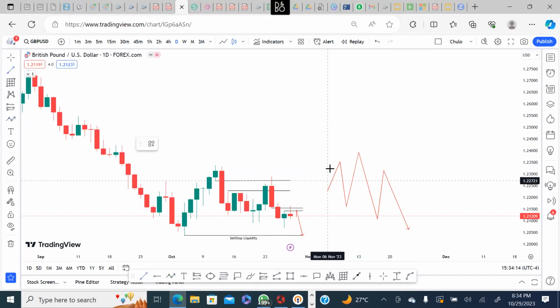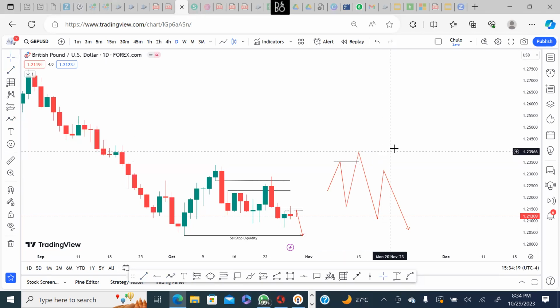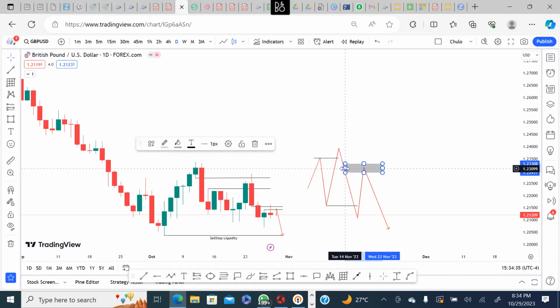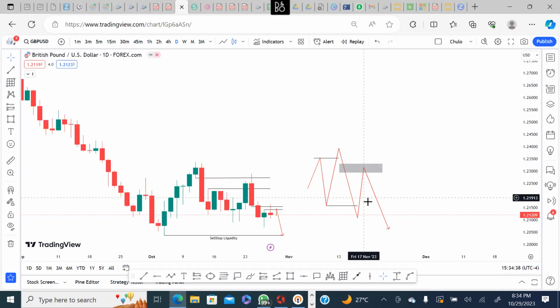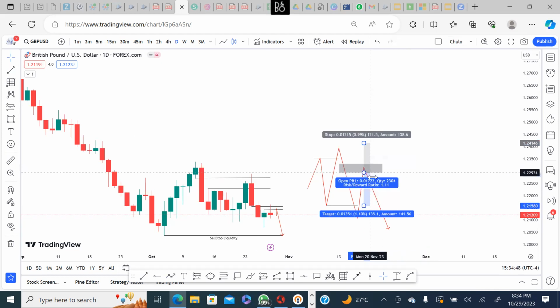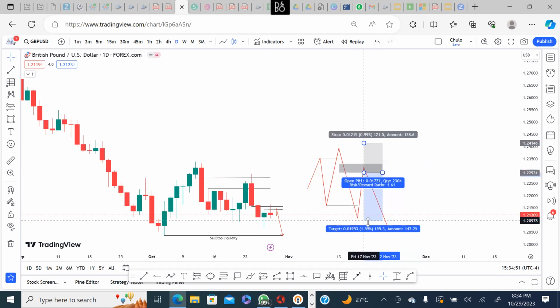So here I have the lower time frame liquidity grab, or you can call it a stop hunt, a market structure shift, and a fair value gap somewhere here. Then I sell from here and put my stop loss just above this high and target the recent low.